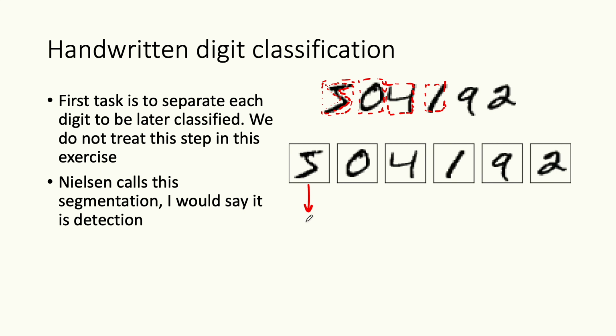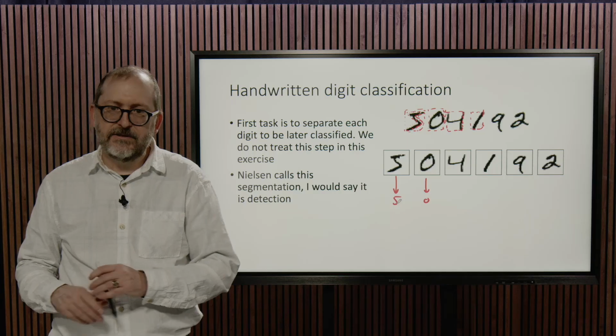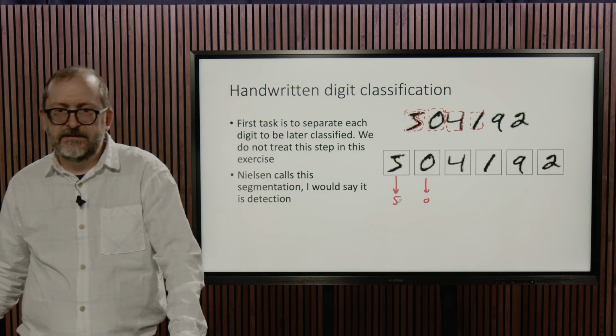In this case, your categories will be 0 through 9. So this would obviously go into category 5, and this will go into 0, and so on. So remember, detection is separating out the objects. Classifying is putting a specific label on the object.